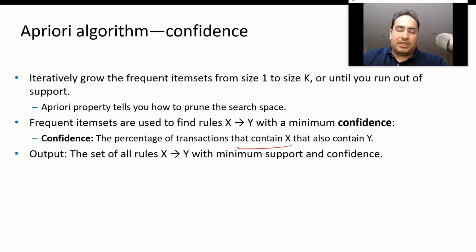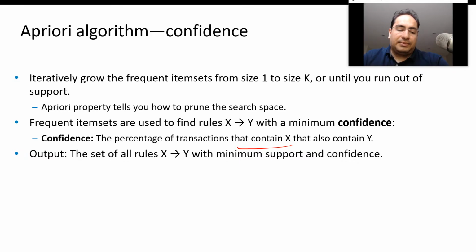And in our algorithm, we want to find the rules that have a minimum support and also a minimum confidence. So we want to make sure that the rule actually exists because of a reason, not just coincidence. It's that people who buy one of those items actually go and look for the other item.